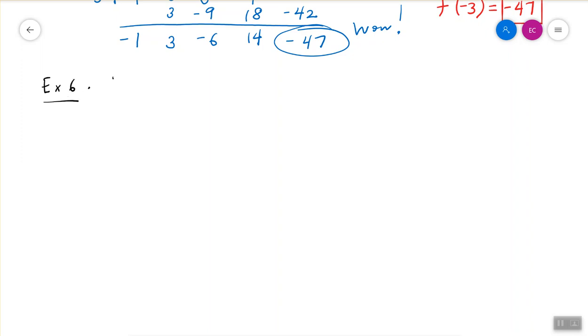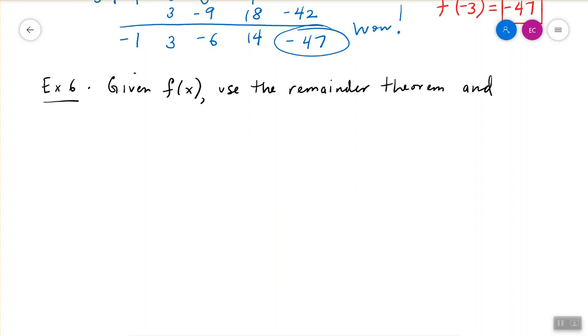And we'll say, given f of x, use the remainder theorem and synthetic division to find f of k.